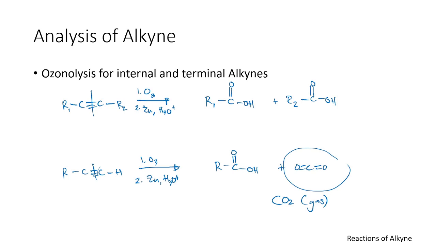For internal, there will be no evolution of gas. Walang lalabas na gas dun sa iyong ozonolysis. But para dun sa terminal alkyne, magkakaroon ka ng evolution of gas. Okay? So hopefully nakuha nyo yung mga reactions natin. That will be the last reaction for our alkynes.